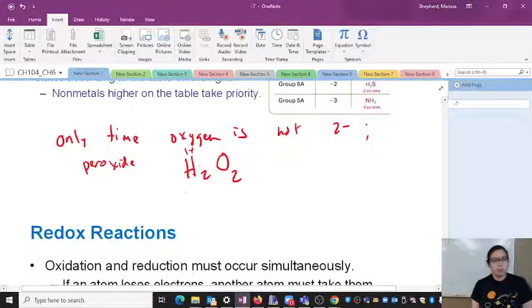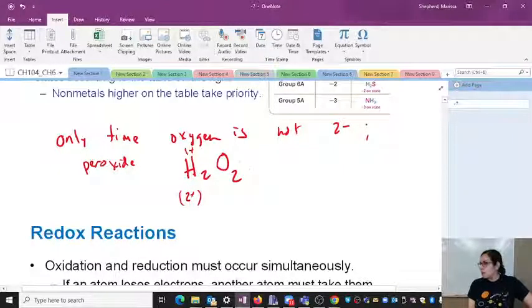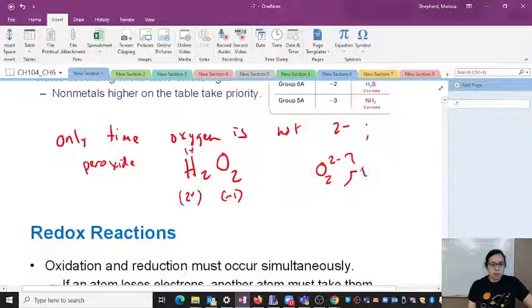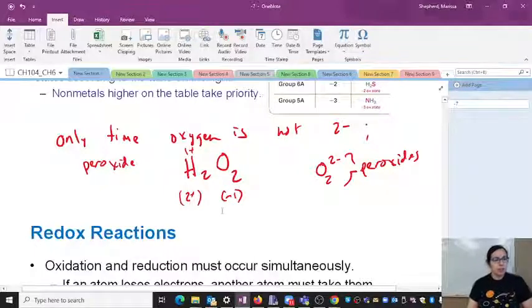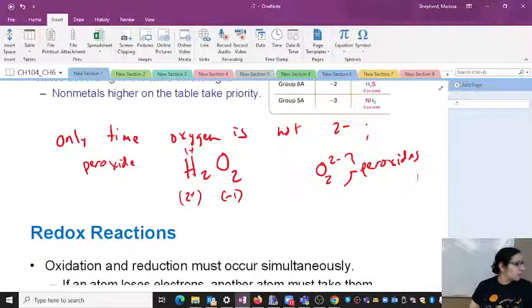We have 2 of them, so we have a 2+ charge here. But normally we would expect oxygen to be -2. Obviously that doesn't work out here. So in a peroxide, oxygen is going to be -1. That would be the only exception. This whole peroxide, its 2 oxygens have a -2 charge, so each one has a -1 charge. So that's one of the few exceptions.